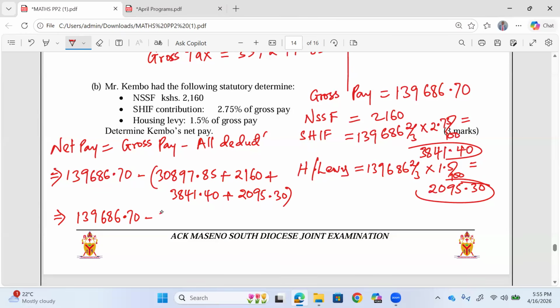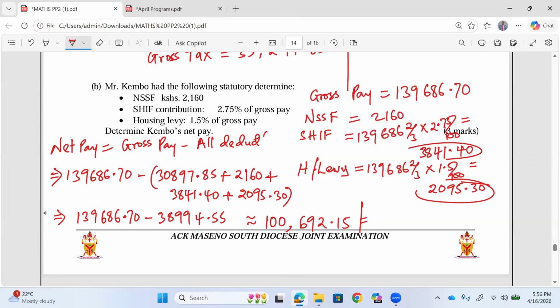All these give us total deductions of 38,994.55, meaning that the estimated net income shall be 139,686.7 minus all these. So we get the net income is 100,692.15 Kenya shillings. So that is now the net income for Mr. Campbell.